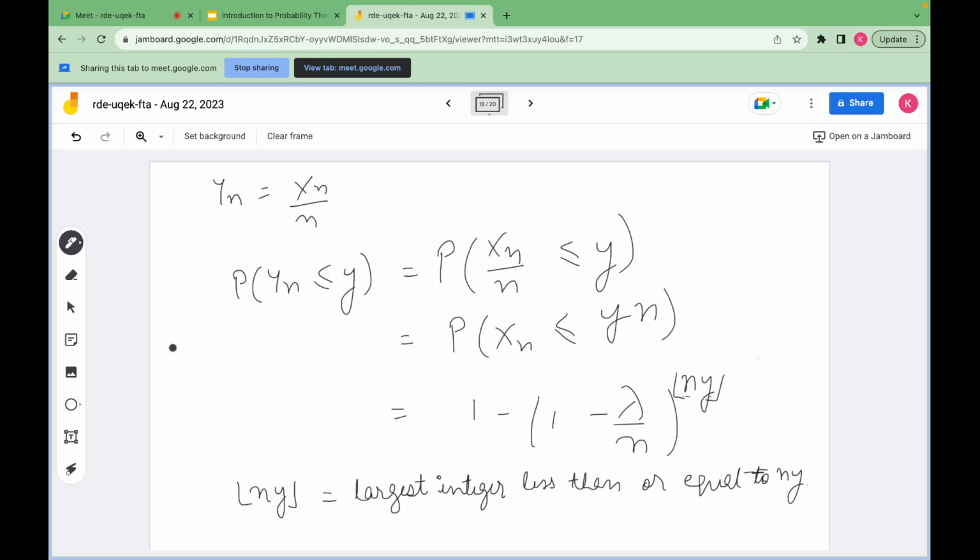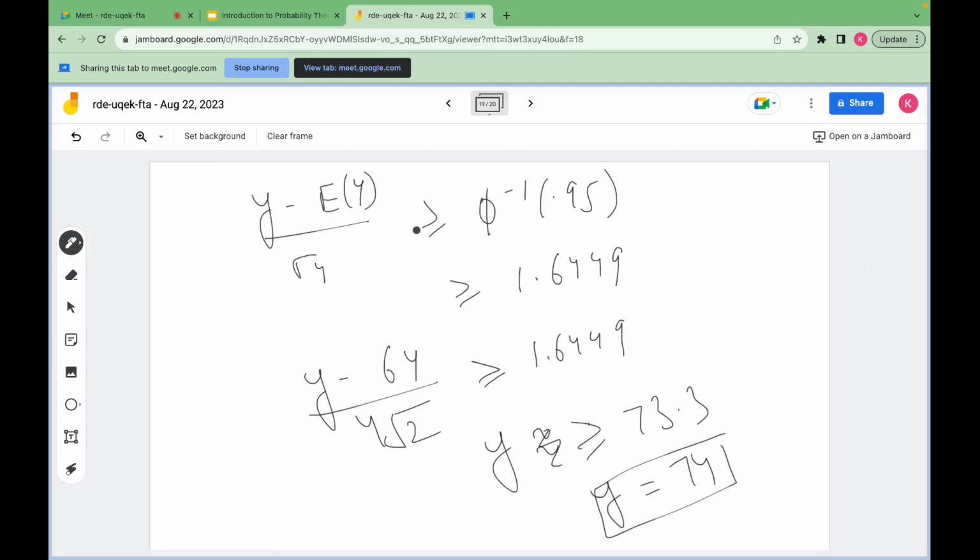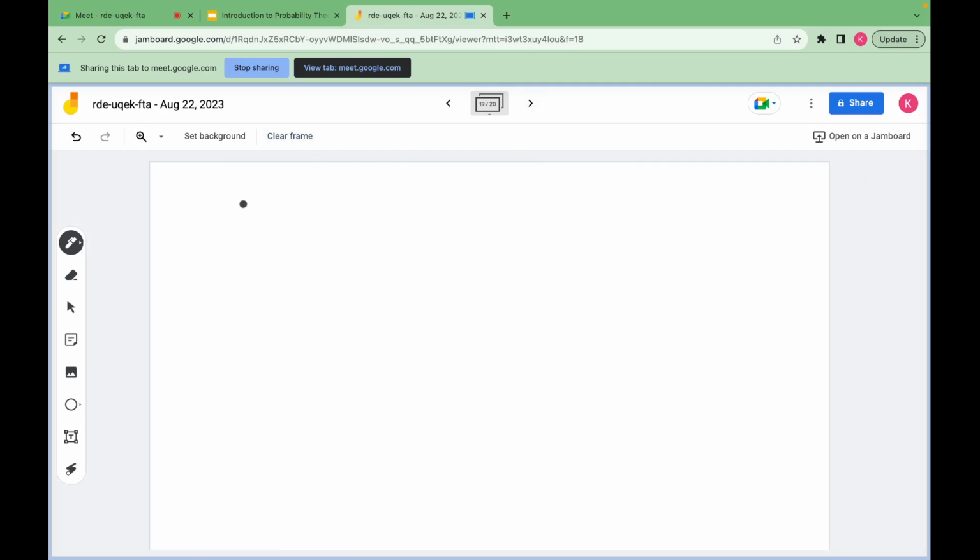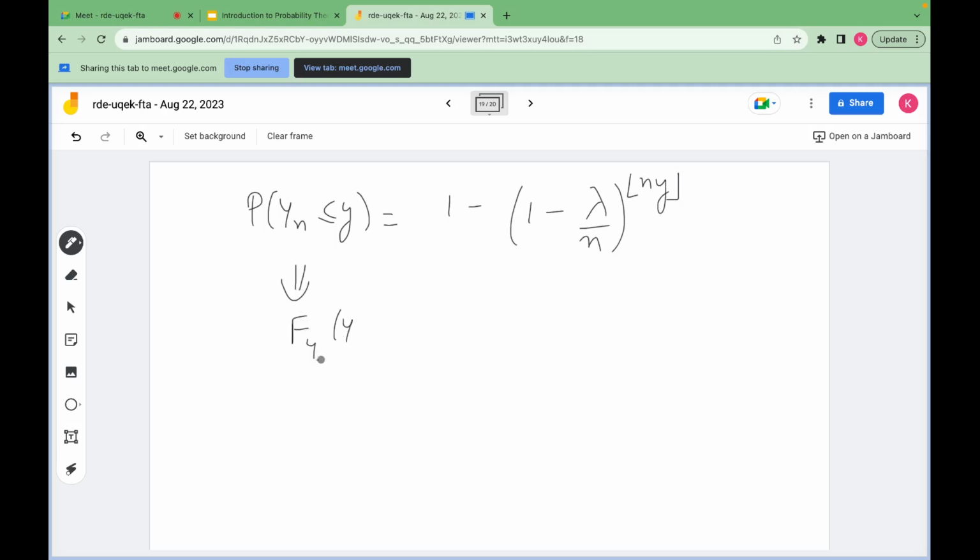Now the probability is nothing but 1 minus (1 minus lambda by n) to the power ny. This is Fy.